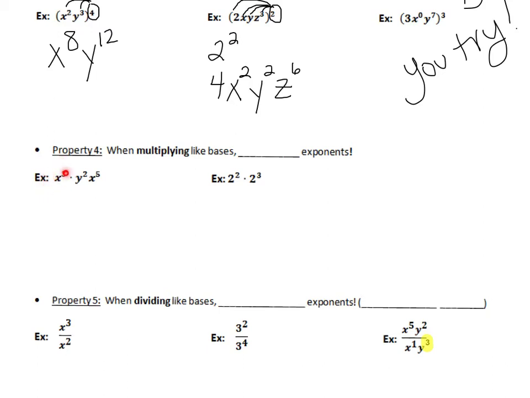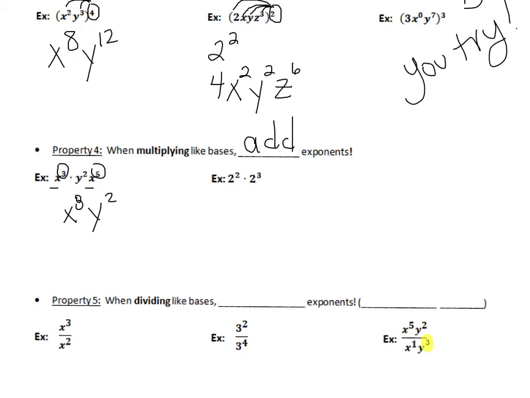So when multiplying like bases, we're going to add exponents. In this example, we're multiplying x cubed times y squared times x to the 5th. The only ones that have like bases are the x's, so we'll add those exponents. So 3 plus 5, we get x to the 8th, and then y squared. We can't add those exponents since they have different bases, x and y.